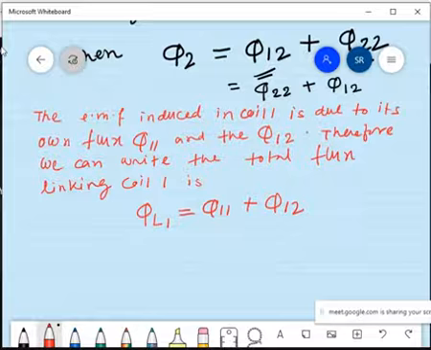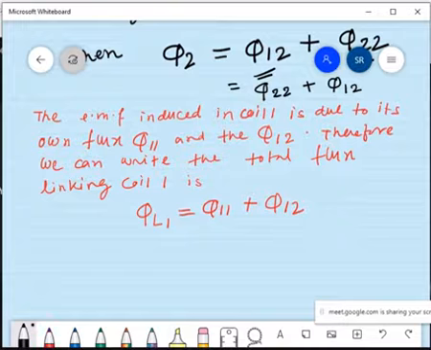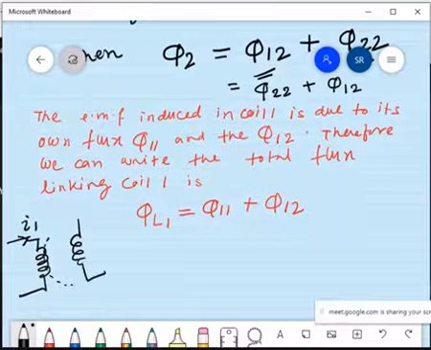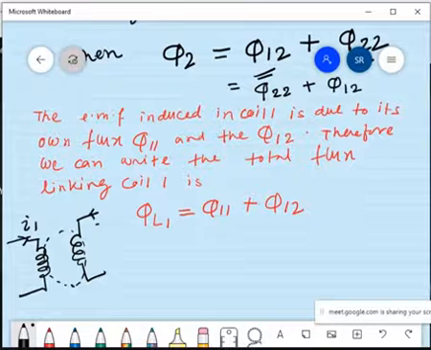That is, if you see the diagram again, I am drawing the diagram here, better for you. This is one coil, current is I1. And the flux linking to this coil is due to this I1 and I2.